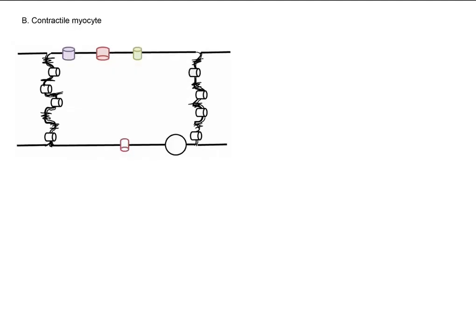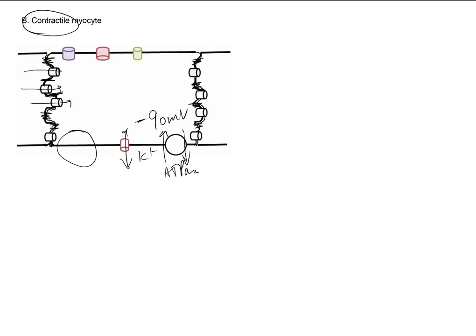Now note the difference that we come to in a contracting myocyte, because now between the sodium-potassium ATPase and the open potassium channel, the resting potential is minus 90 millivolts. Now when we get the depolarization signal, and you notice we don't have a pacemaker channel, that signal is going to be coming from the adjacent cell.